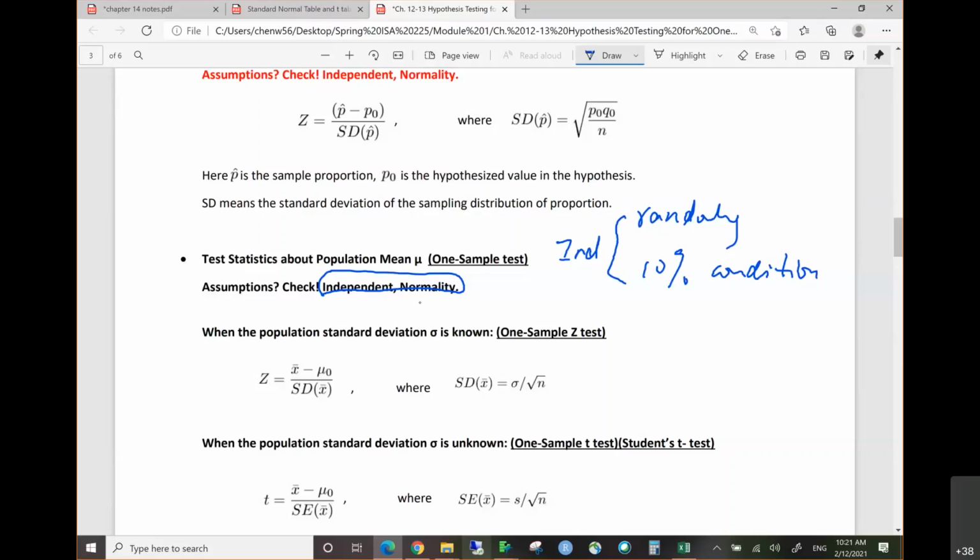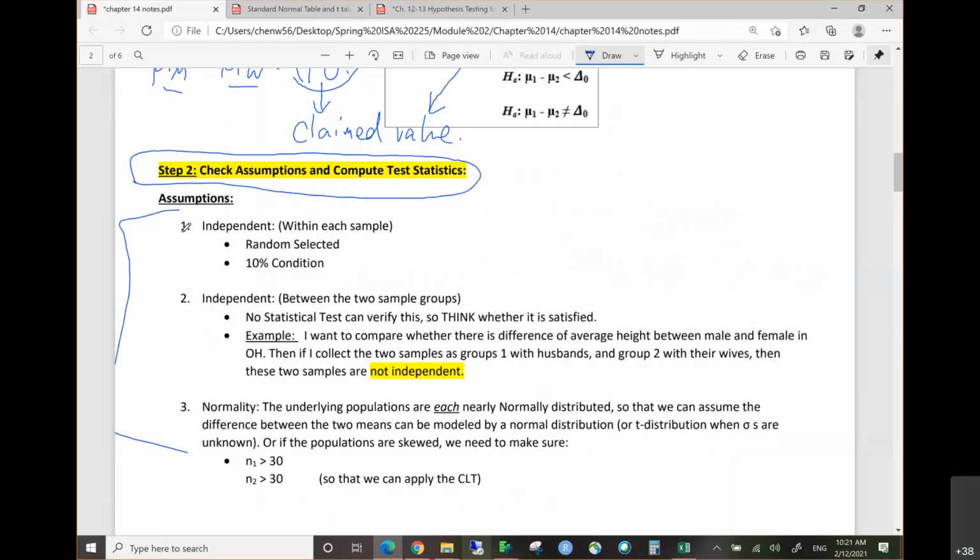Again, now we have two samples. That means for the independent assumption, within each sample, you need to check whether this sample is randomly selected, whether this sample size is less than 10% of the population size, right? So in this case, we are testing whether sample size 1 is less than 10% of the population size 1, and sample size 2 is less than 10% of the population size 2.